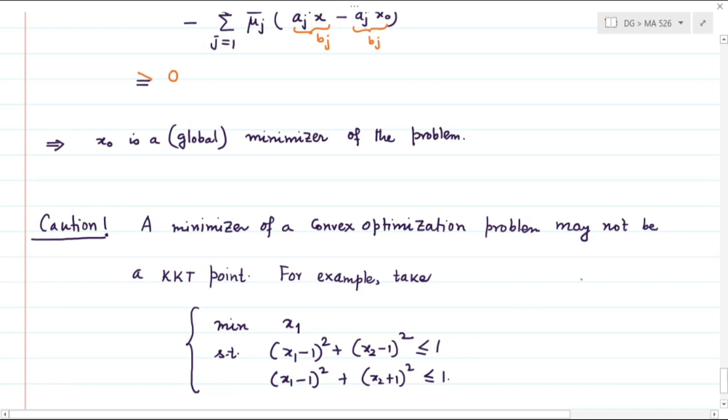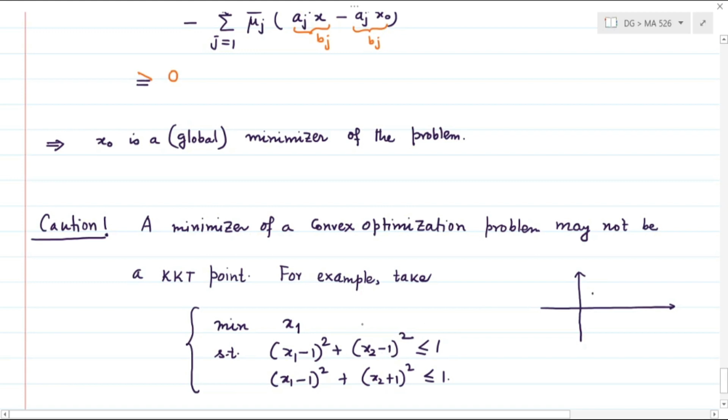Now for this problem, if I quickly draw the feasible region, we will find the following. And this is a convex optimization problem because the inequalities are given by convex functions. The objective function is also convex, and therefore it is a convex optimization problem. There is no doubt.